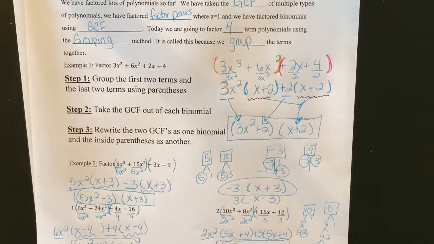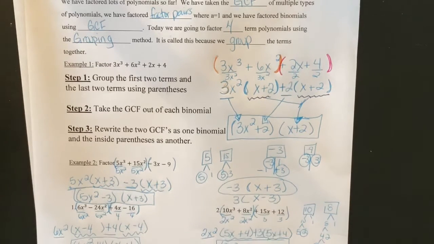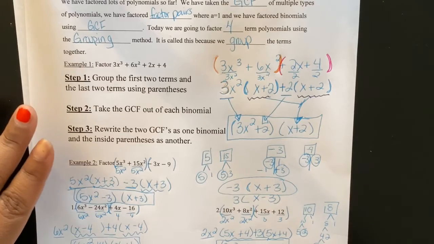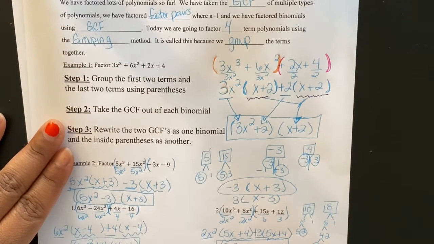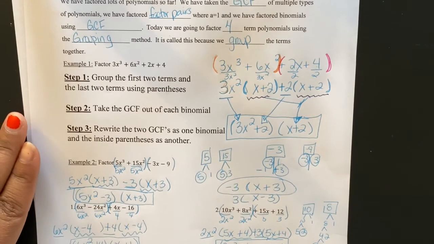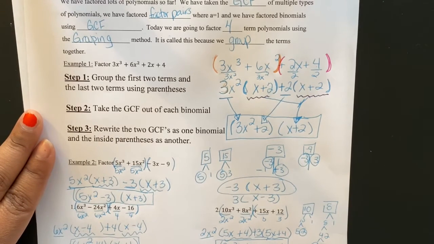Last but not least, we have s squared minus s plus 4s minus 4. Now, here we have s instead of x. So we have to use the variable that they give us. Still the same steps. Break them down by 2's. S squared minus s, again, there's invisible 1's in front. They both have the number 1, the coefficient 1, in common.